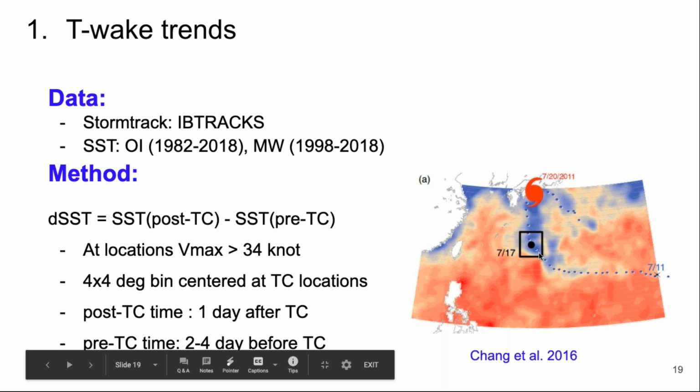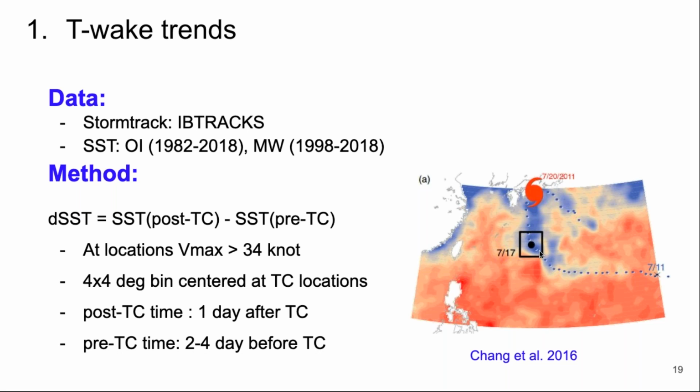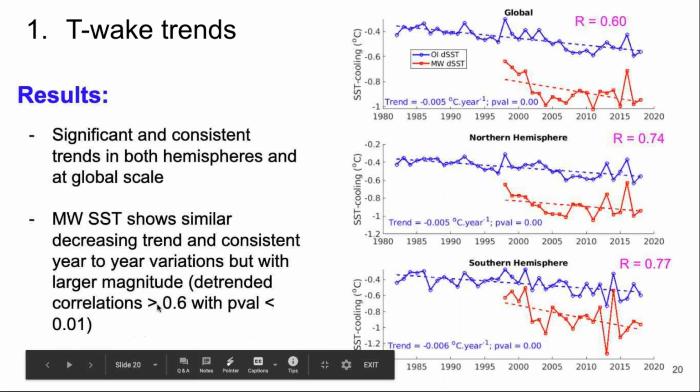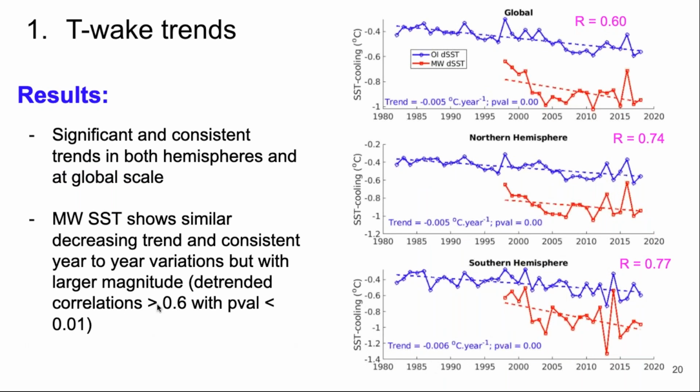At each location we compute the average of a 4x4 degree box, and the pre-TC time is 2 to 4 days before the TC, and the post-TC time is 1 day after the TC. We will also test the sensitivity of this choice later. So this is the result.